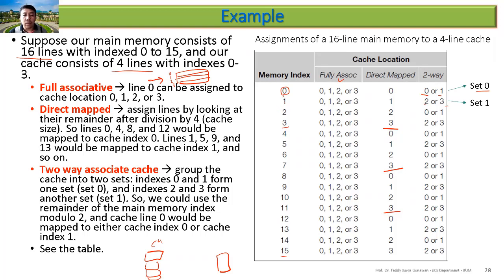So you are trying to distribute the odd and even numbers into several sets. Of course, if you go to four-way associative, then it will become like a direct map.